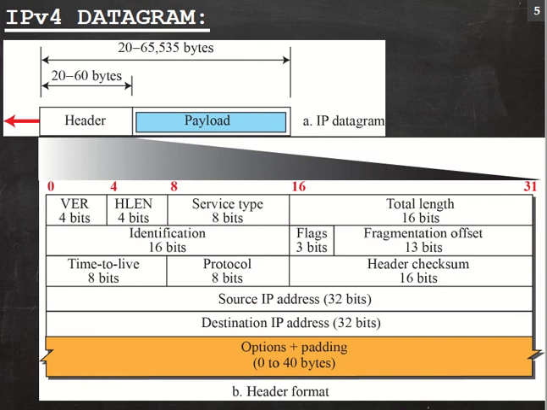When it is received at the destination, the value in this field helps the receiver know the payload of which protocol has arrived. There are some protocols and corresponding values given by the internet authority.